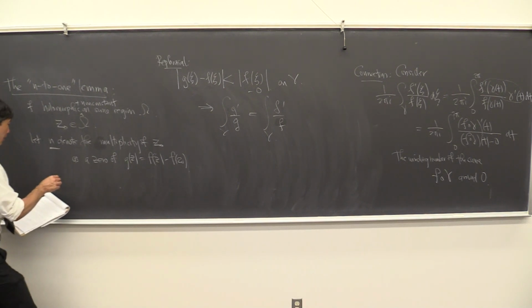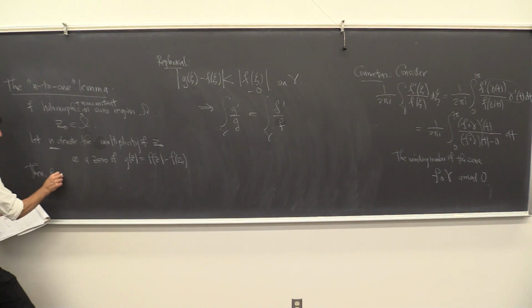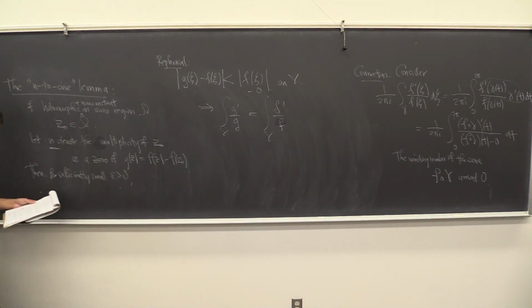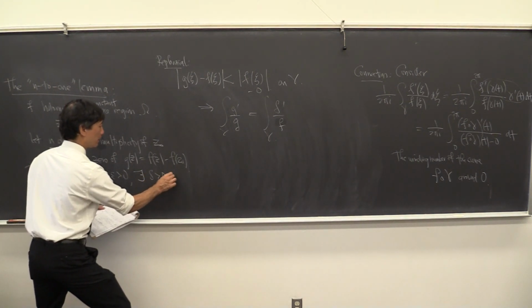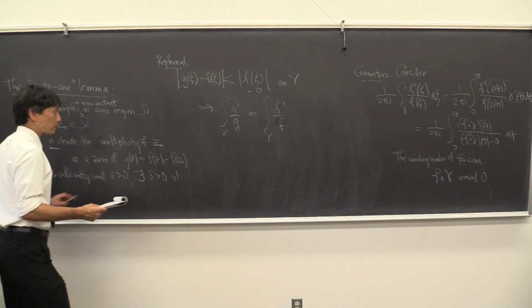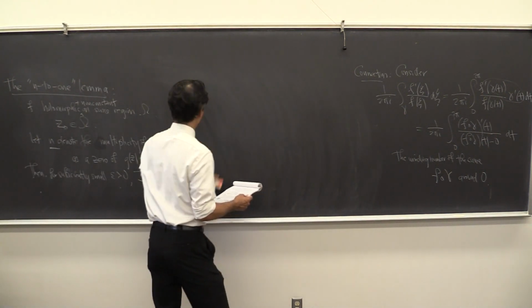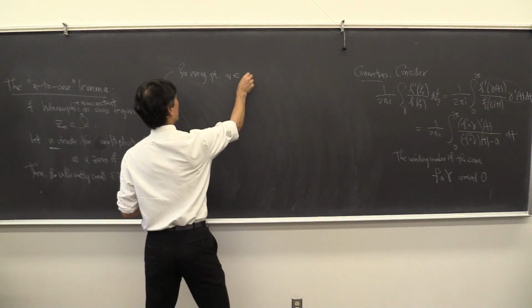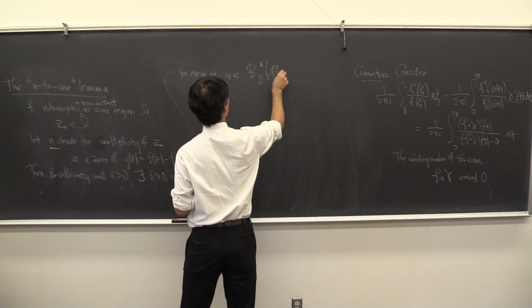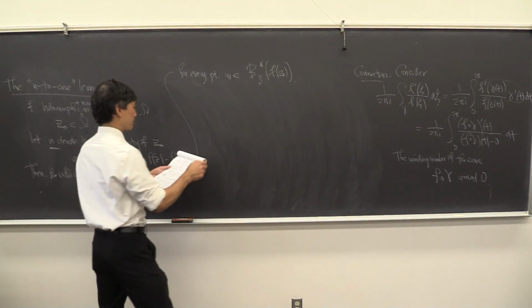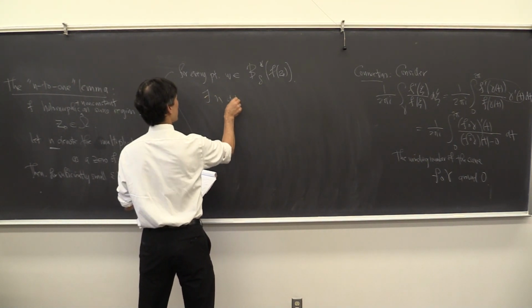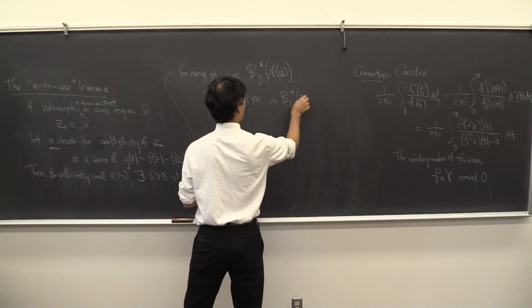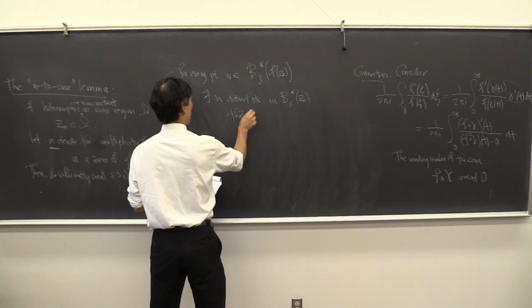Then for sufficiently small epsilon, there exists a delta such that for every point w in the delta neighborhood of f of z naught, excluding f of z naught itself, there exist n distinct points in the punctured epsilon neighborhood that f maps to w.